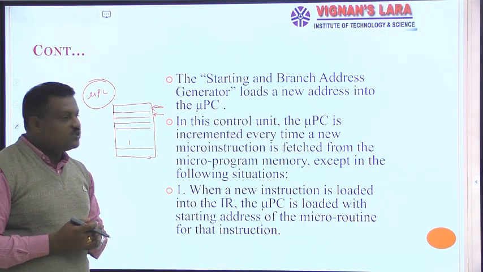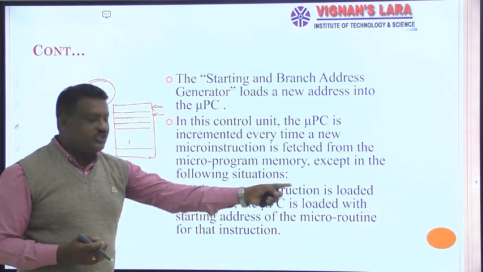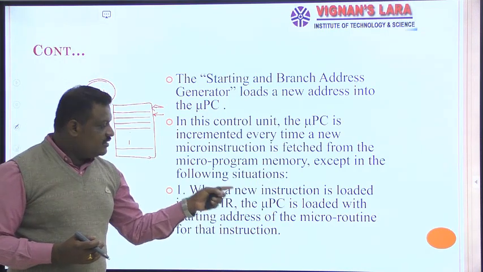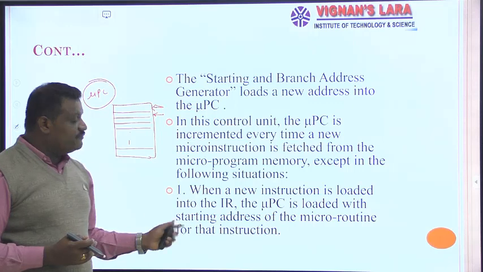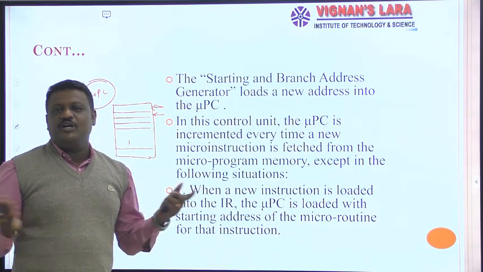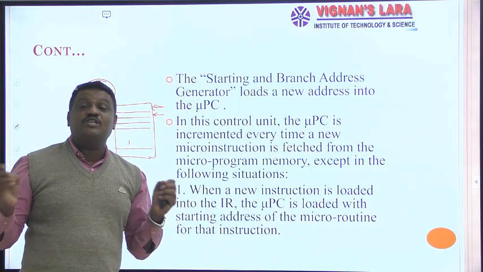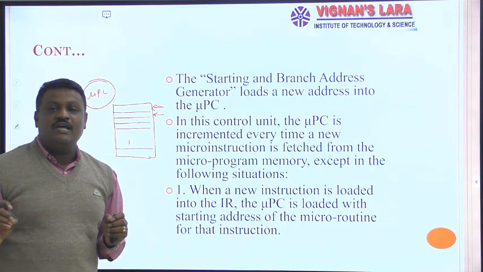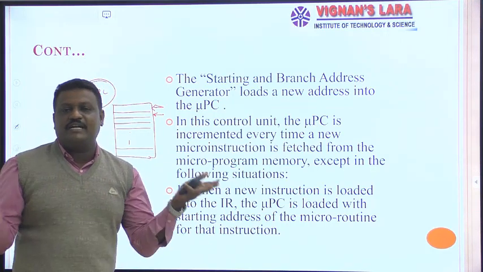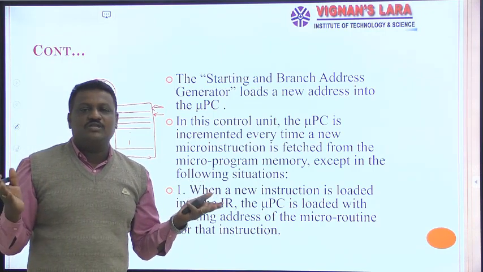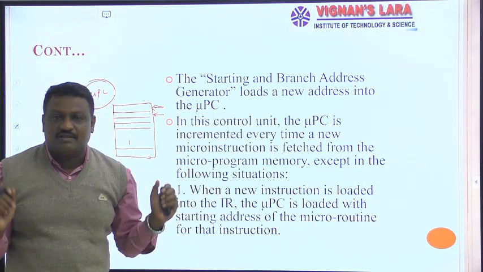My first situation is when a new instruction is loaded into IR, the new PC is loaded with the starting address of the micro routine for that instruction. I already told you that for execution of every instruction, internally a microprogram is executed. By execution of the microprogram, I get the needed control signals for execution of my instruction.